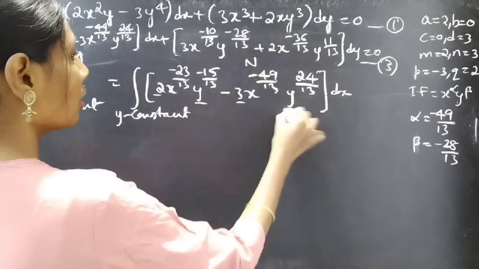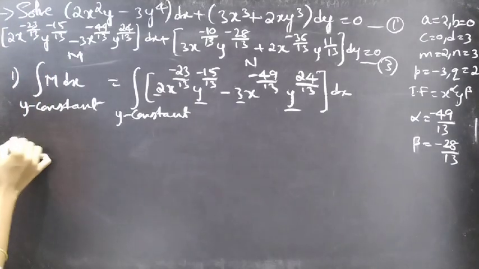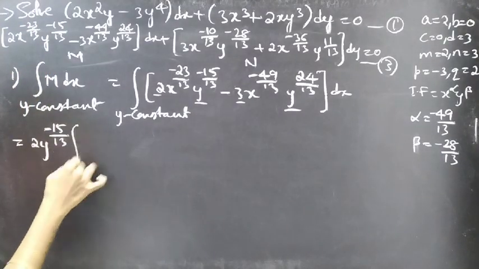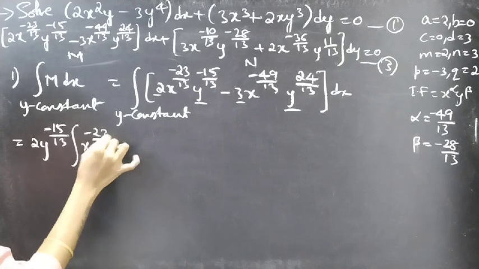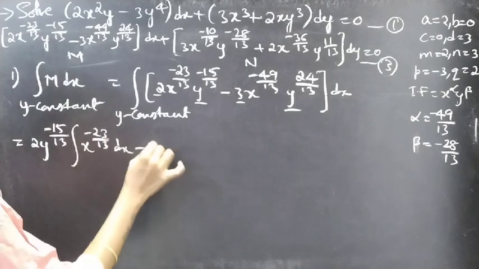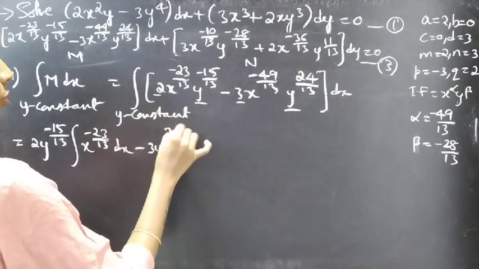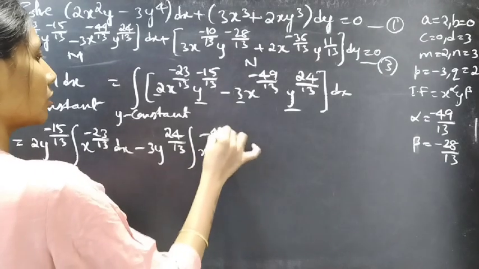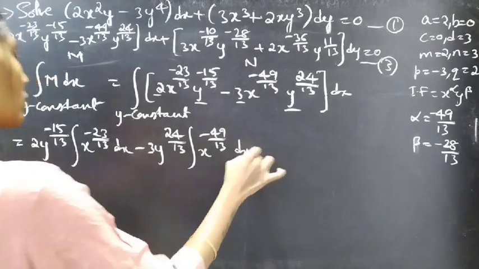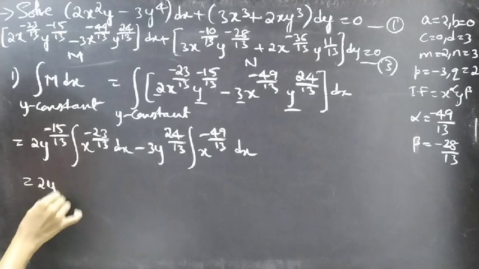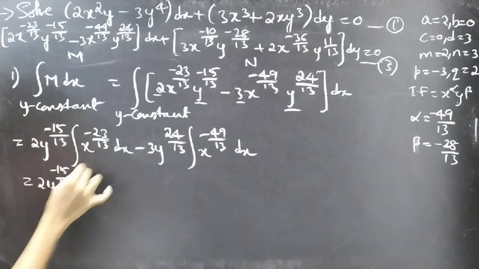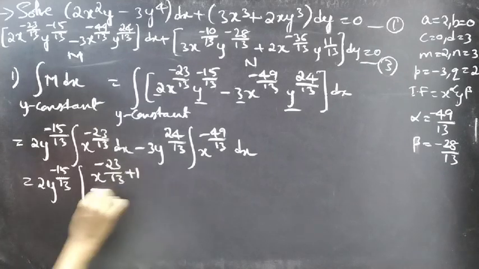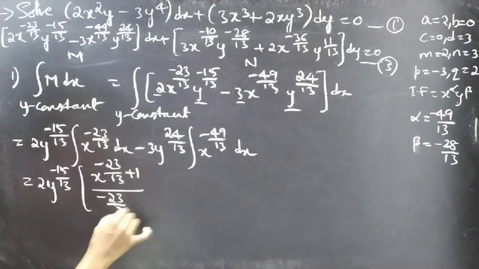In the second term 3 y power 24 by 13 is constant. So we'll write it as 2 y power minus 15 by 13 into integral x power minus 23 by 13 into dx minus 3y power 24 by 13 into integral x power minus 49 by 13 into dx, which gives us 2y power minus 15 by 13 into x power minus 23 by 13 plus 1 by minus 23 by 13 plus 1.